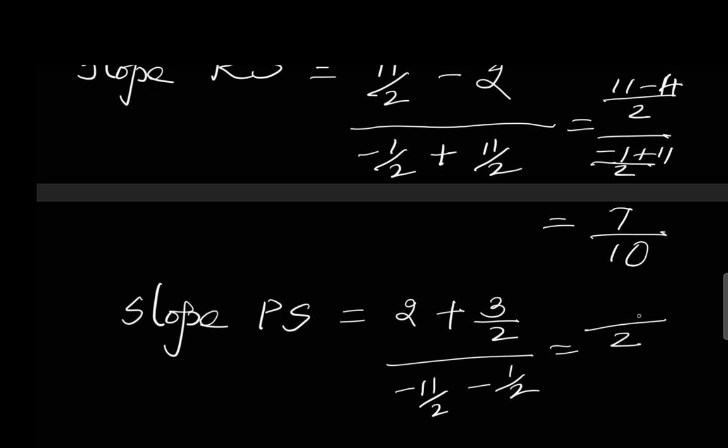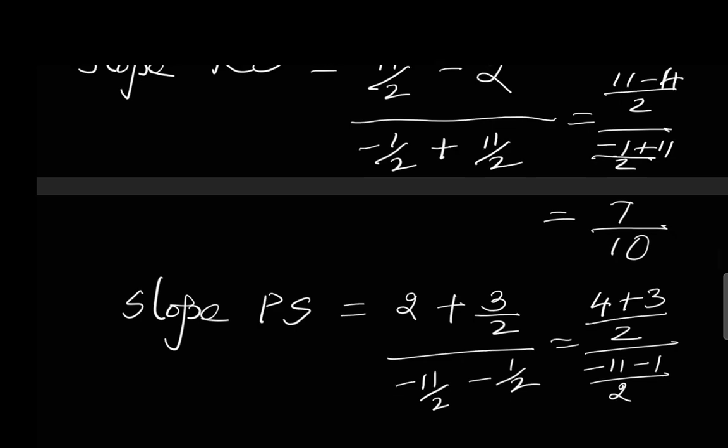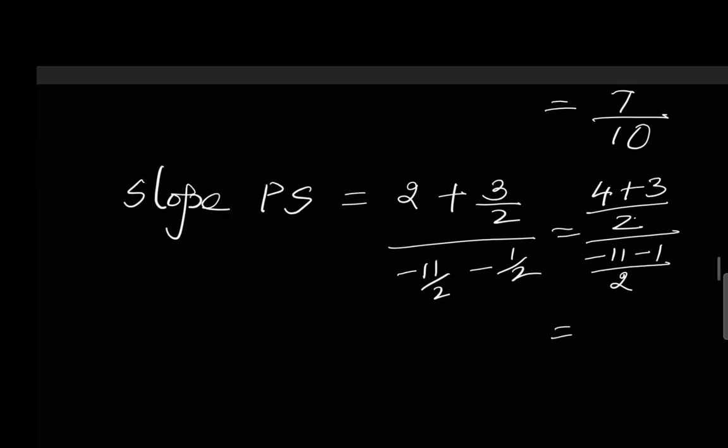So 2 is the LCM: 2 twos are 4, 4 plus 3, divided by minus 11 minus 1. The 2s get cancelled, so 7 by minus 12.